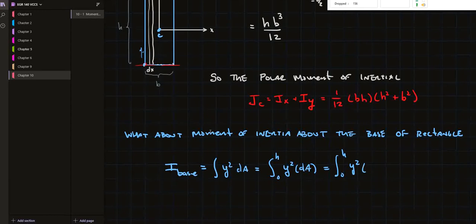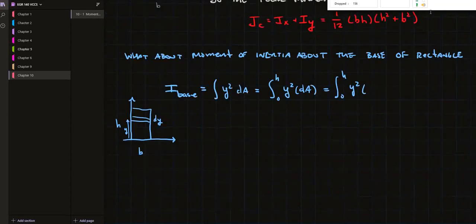Again, I drew a little picture over here to the left, and we can see that our dA is b times dy.